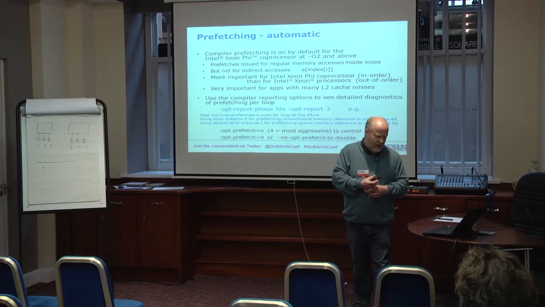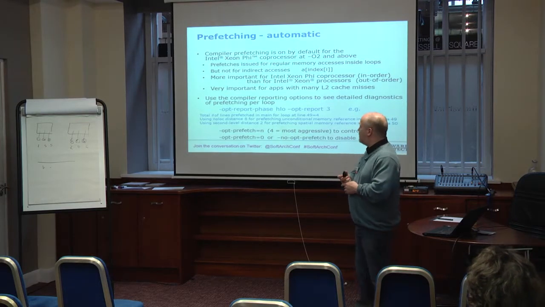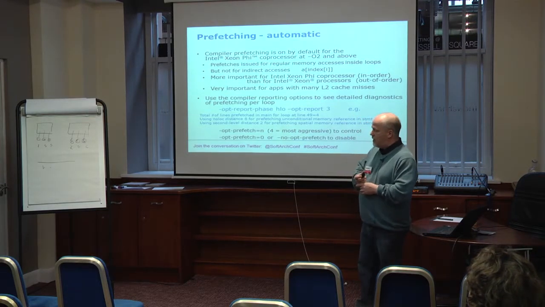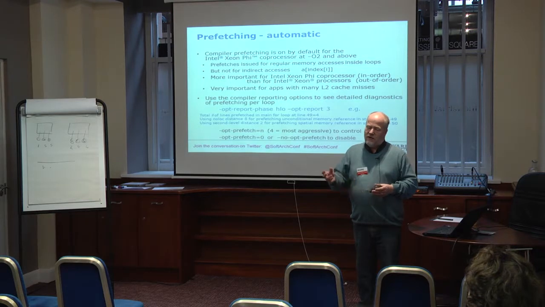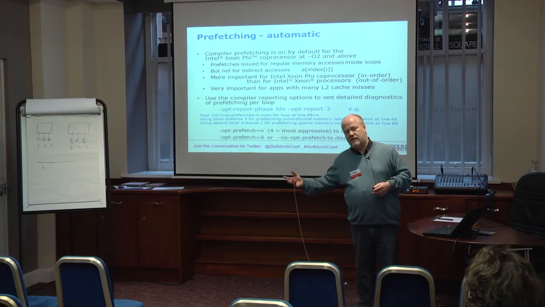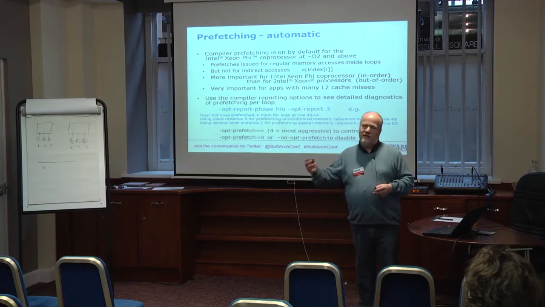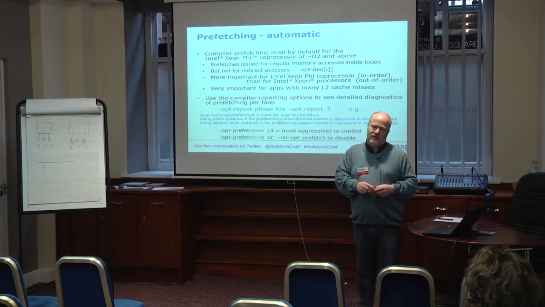And then the other low-level thing that you can do is to prefetch. If you are accessing data, then what the processor is trying to do all the time is make sure that you're not having to read from external memory, but the data is already in local cache. For the Xeon processor, that's done automatically. There's hardware prefetching and what's known as software prefetching. In the Xeon Phi, we rely on software prefetching.